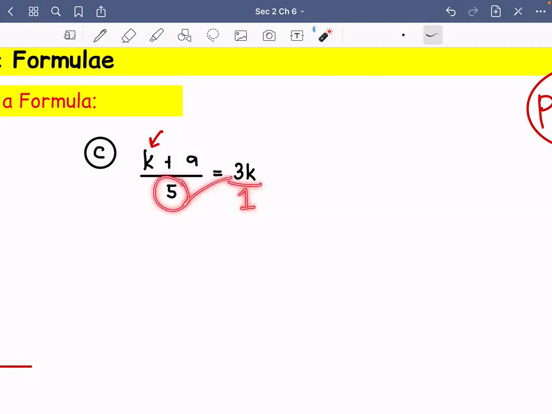So 5 times 3K, and then 1 times K plus A will just give me K plus A. So K plus A equals, again, 5 times 3K will give me 15K.